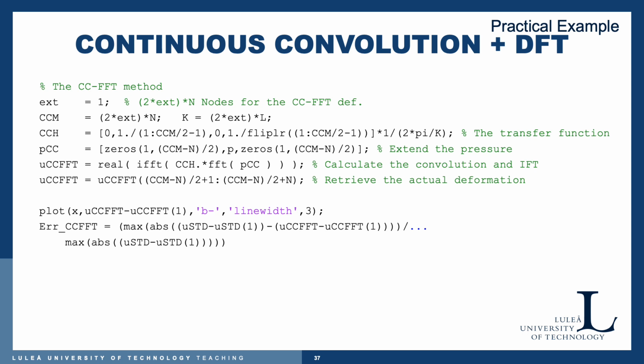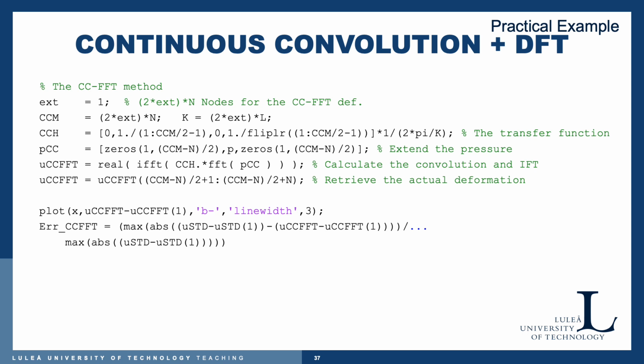If we increase this ext number from 1 and further, we will see that we get a better and better representation of the deformation computed this way. But let's first look at it without any extra or additional extension via the ext.